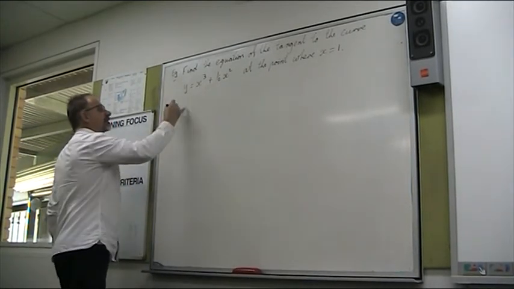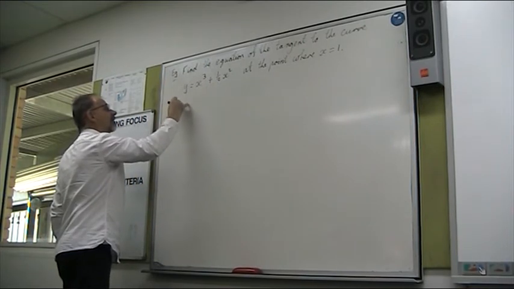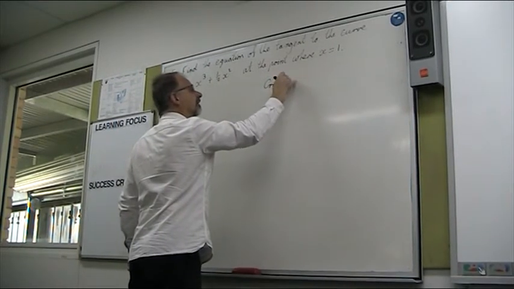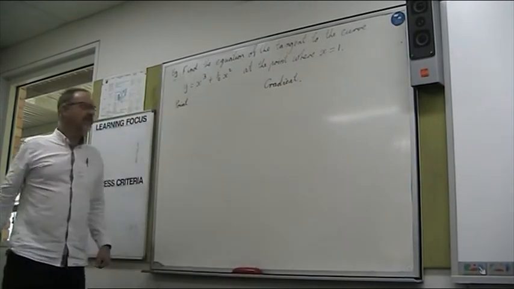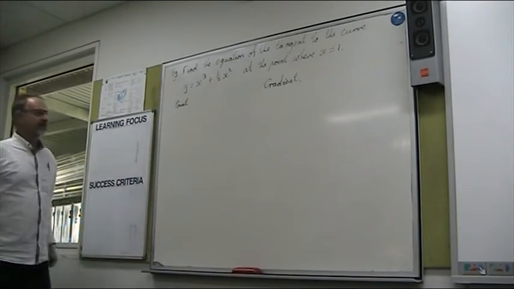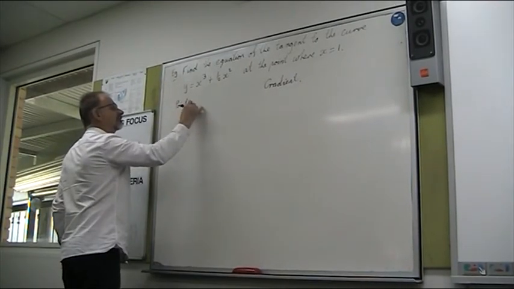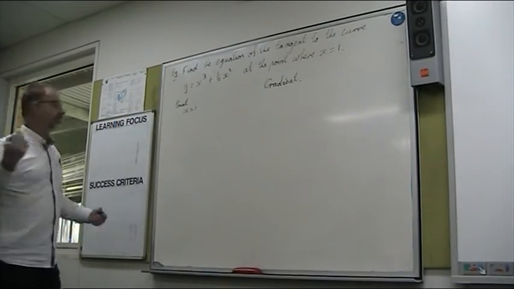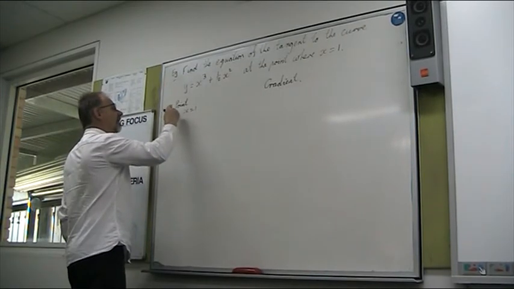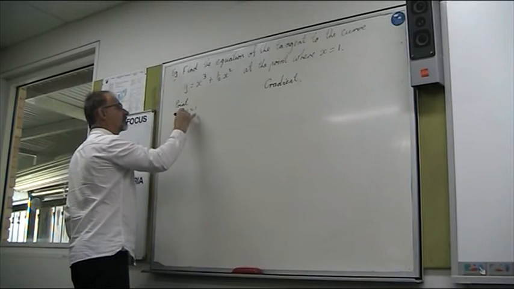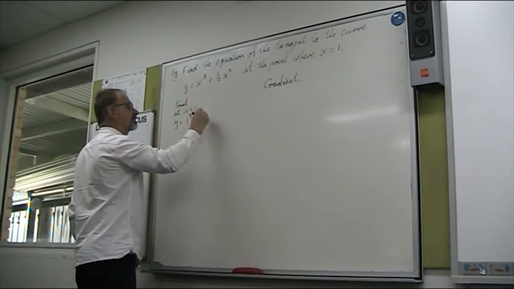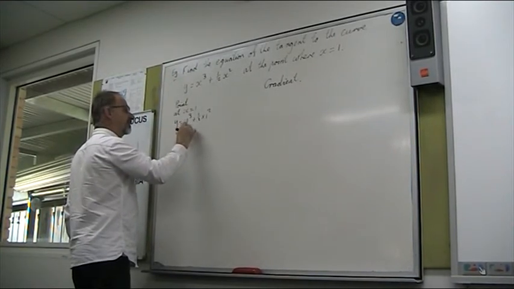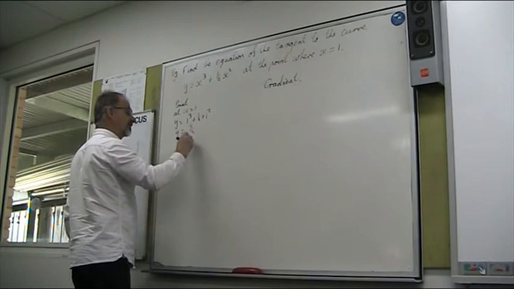So we need two things. We need the point and we need the gradient. So the point, we have the x value. To find the y value, we just need to substitute. So at x equals 1, y equals 1 cubed plus a half times 1 squared, which would be 3 on 2. So our point is (1, 3/2).